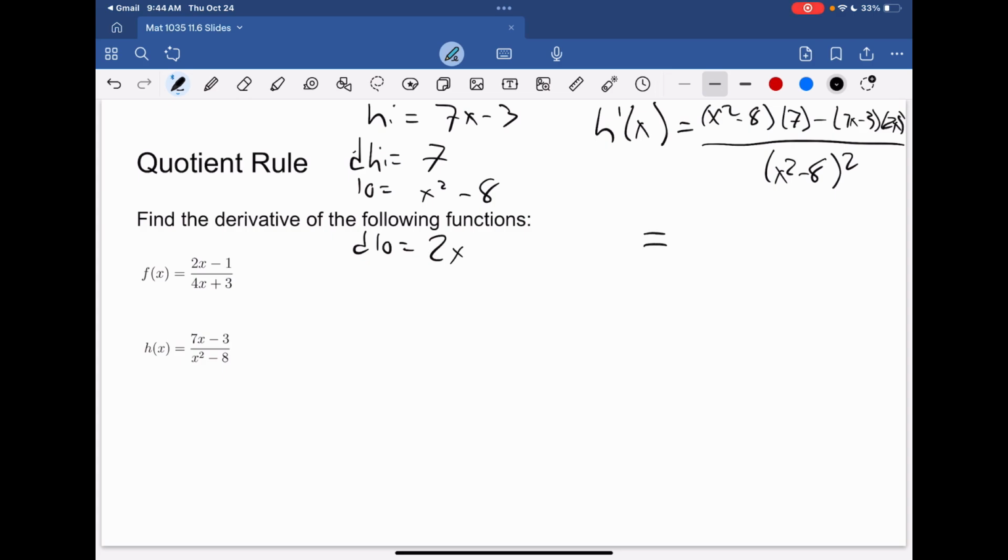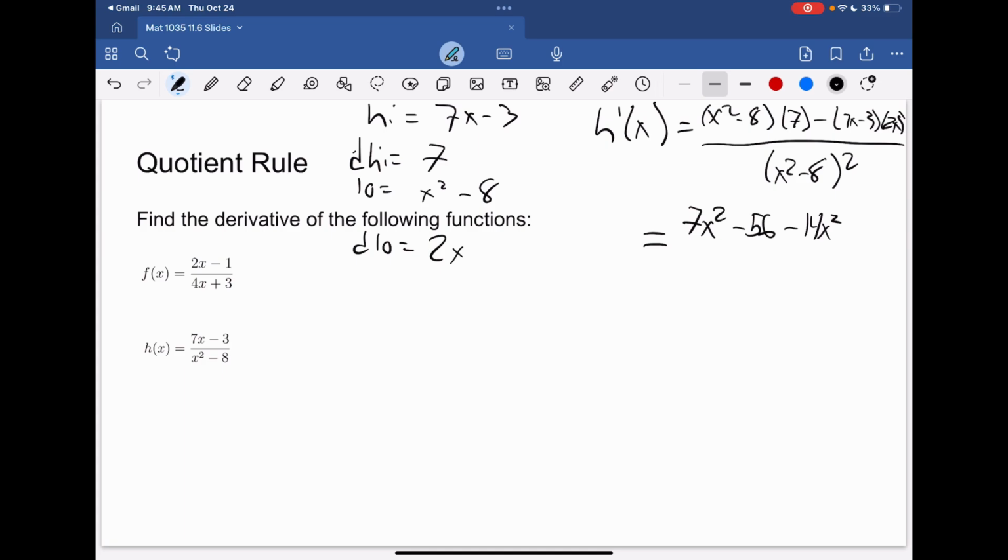Okay. So I want to distribute the 7. So I have 7x squared minus 56. I got that subtraction in the middle there, so be careful. I have 2x times a negative 7x, which is negative 14x squared.